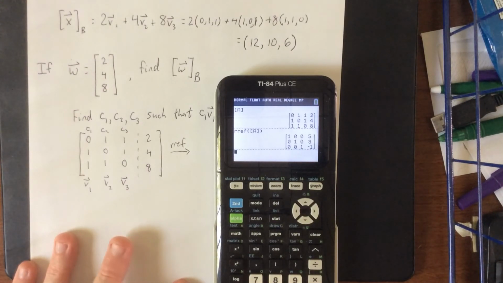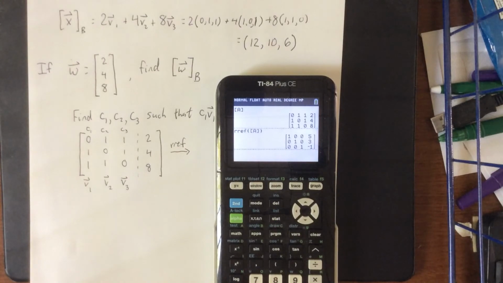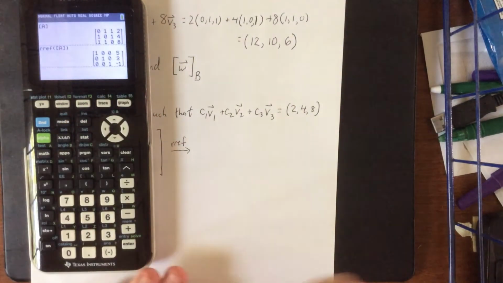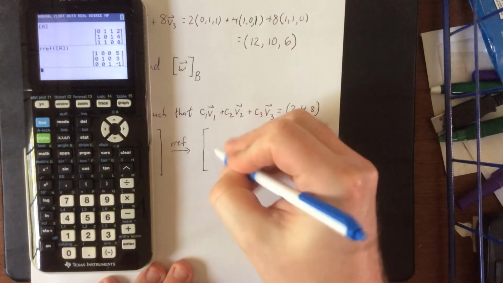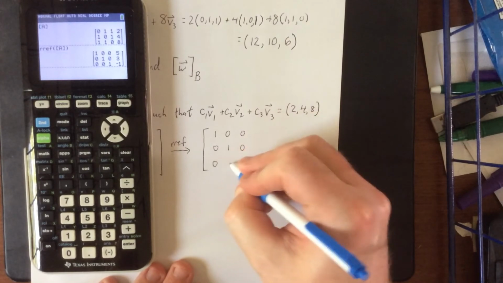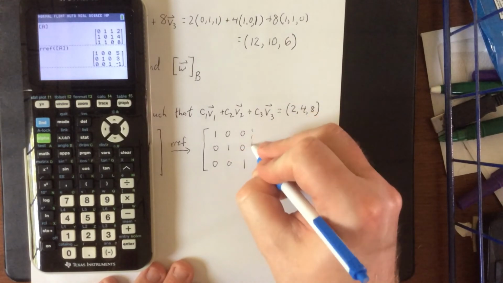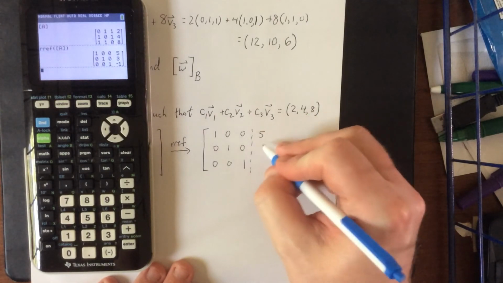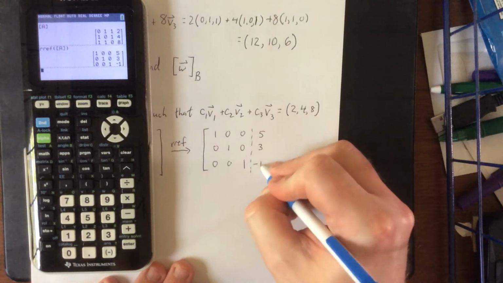And it looks like things went pretty well. When we take this down to reduced row echelon form, we arrive at the following matrix. We have the identity matrix to the left of the augment, which is exactly what we would predict for a standard basis. And the augment is 5, 3, -1.